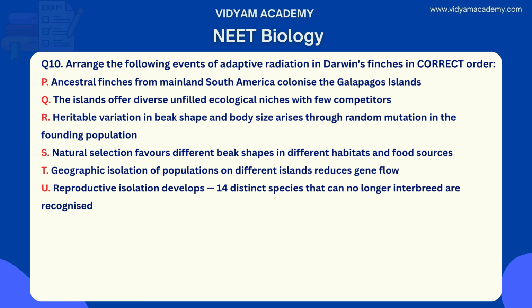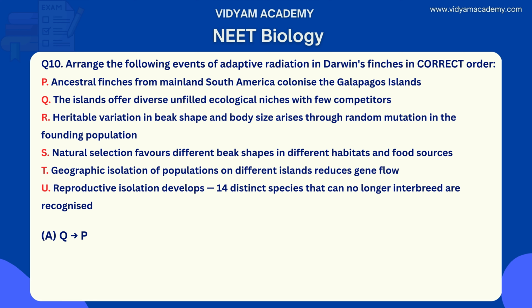R: Heritable variation in beak shape and body size arises through random mutation in the founding population. S: Natural selection favors different beak shapes in different habitats and food sources. T: Geographic isolation of populations on different islands reduces gene flow. U: Reproductive isolation develops, producing 14 distinct species that can no longer interbreed.